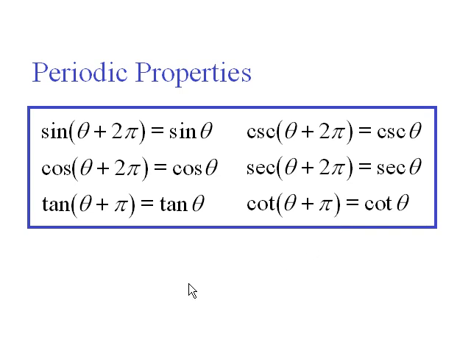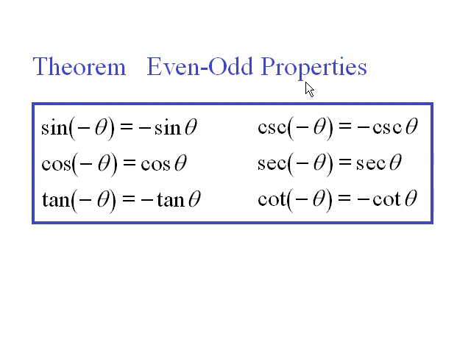One more fact about trig functions that you can interpret immediately from how the unit circle works are the even and odd properties. The sine function is the y-coordinate. If you go down or up, you're changing the y-coordinate of a point on the unit circle. It's positive or negative. So sine of minus theta and sine of theta differ in sign, S-I-G-N.